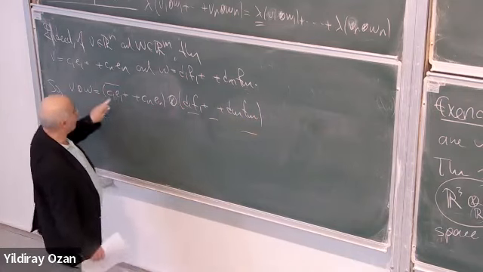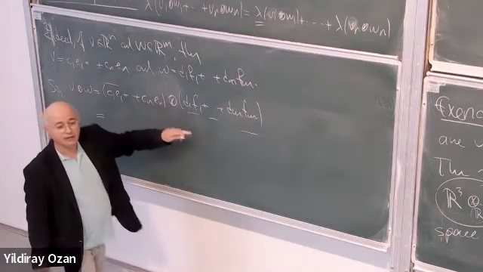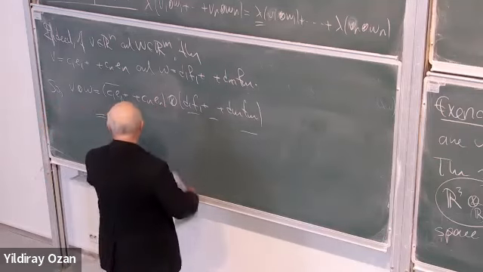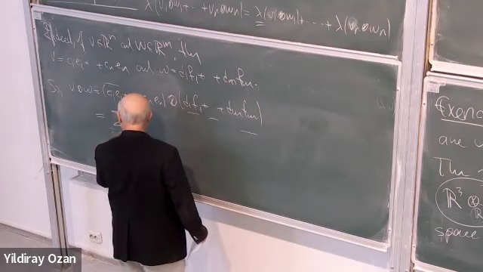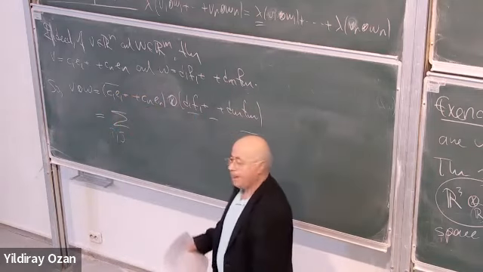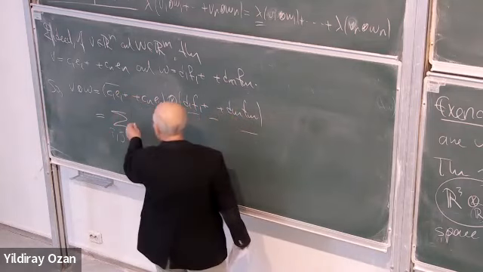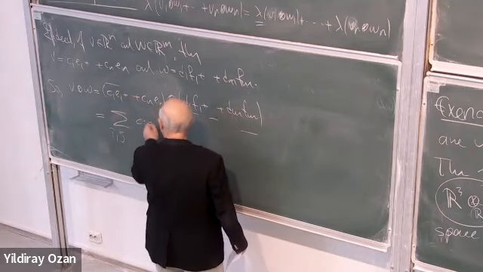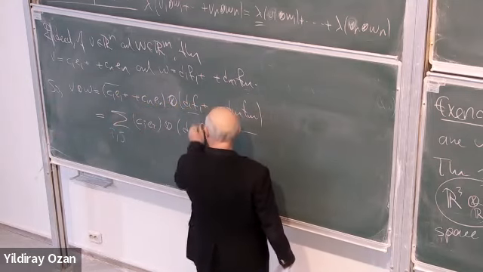So I will have m terms, and then for the second one, I will get another m terms and so on. So the result will be just the following: summation over i from 1 to n, j from 1 to m, of c_i e_i tensor d_j f_j.